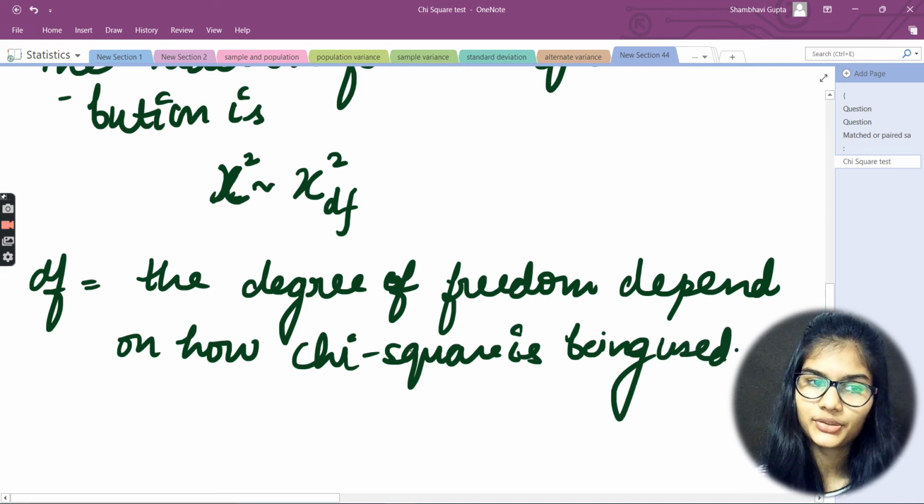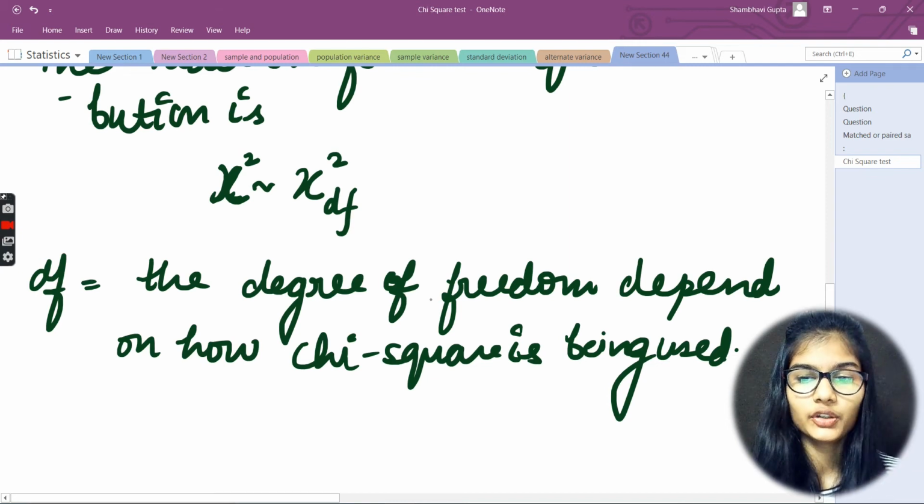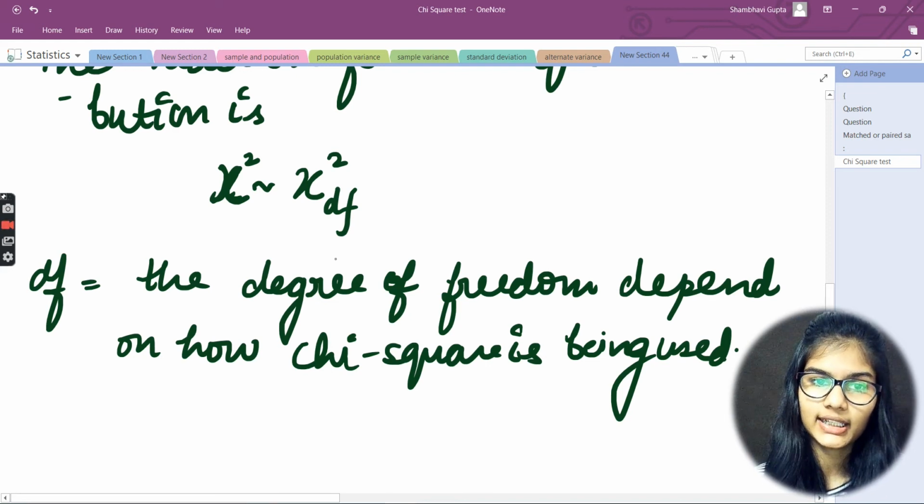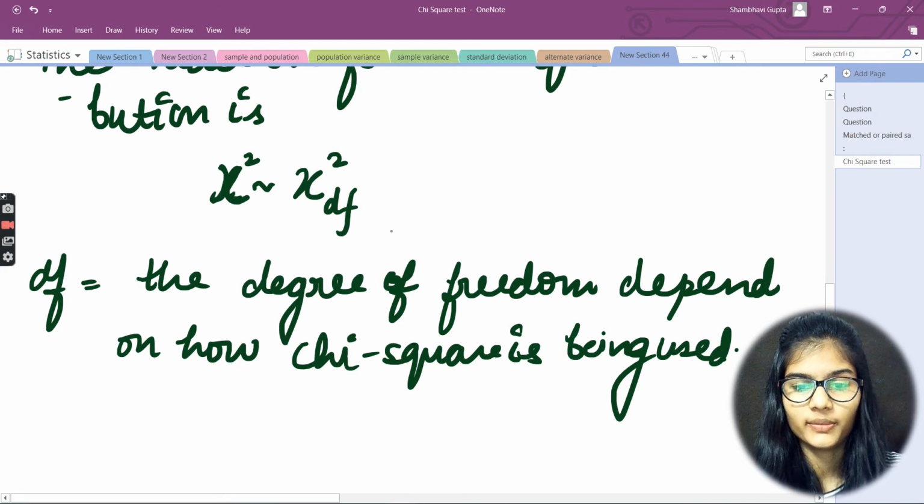Okay, this is what this df means, that it is the degrees of freedom depending on how the chi-square test is being used. So yes, this is the idea regarding this df, what it actually means.